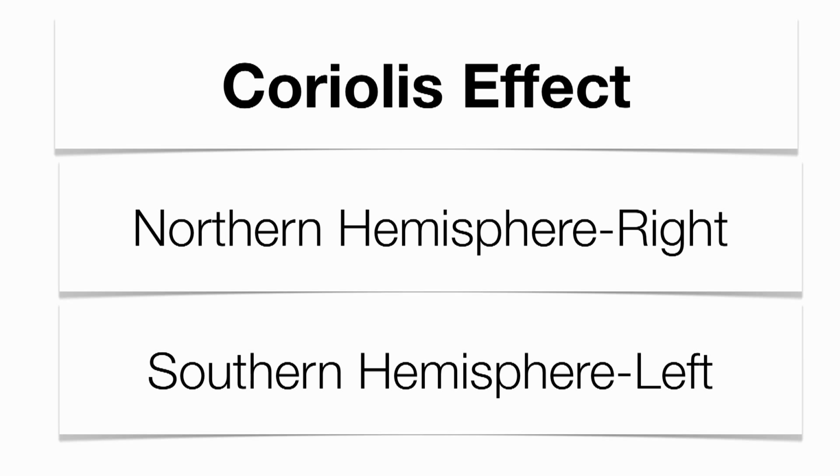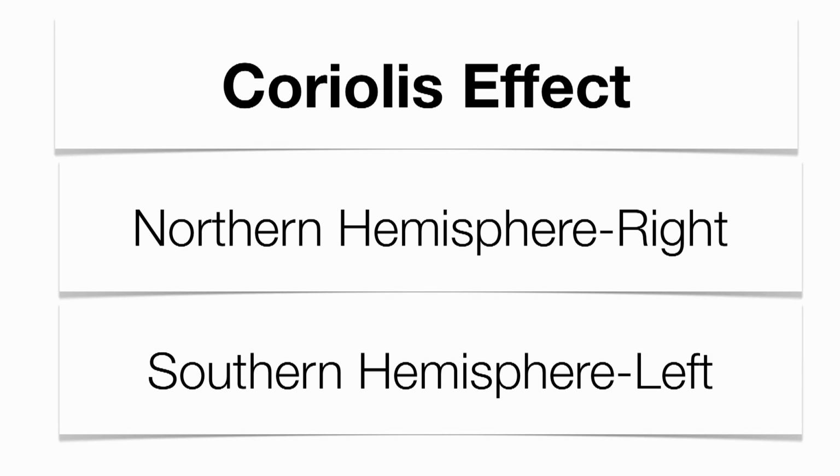Anytime you let out a drain in the toilet, the sink, or the tub, that's too small a quantity of water to get any kind of direction due to the Coriolis effect. You're dealing with massive wind currents in the upper atmosphere or massive ocean currents in the northern or southern hemisphere. So in the northern hemisphere, deflection to the right; southern hemisphere, deflection to the left.